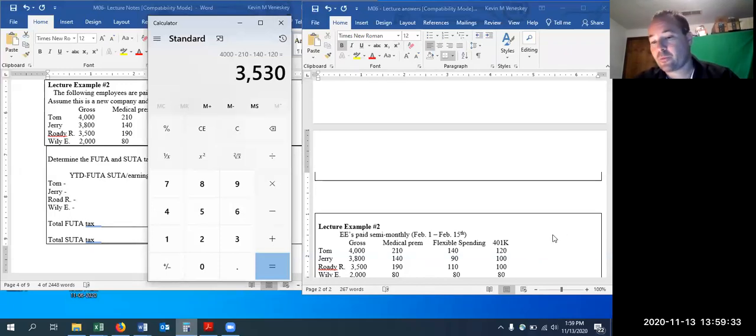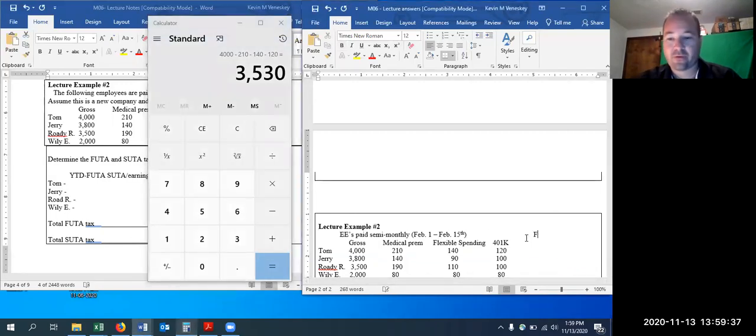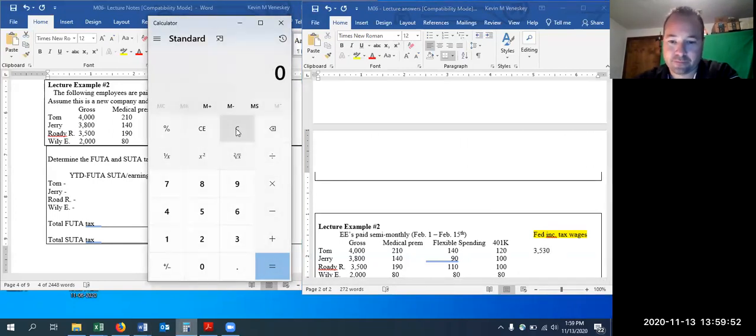So out to the side somewhere, let's put a new category here, federal income tax wages. So this is a new item. This would be 3,530. Jerry, we can deduct everything.